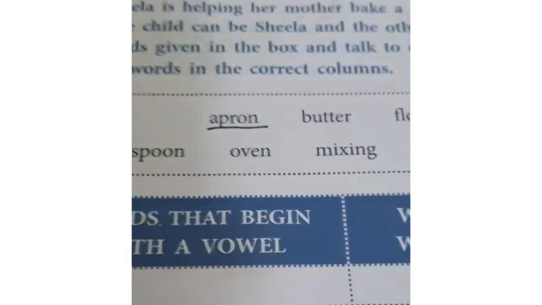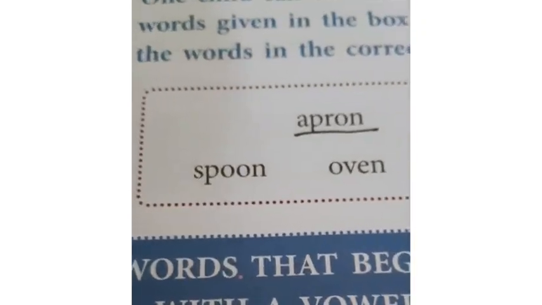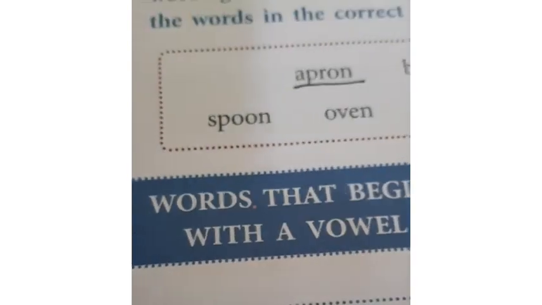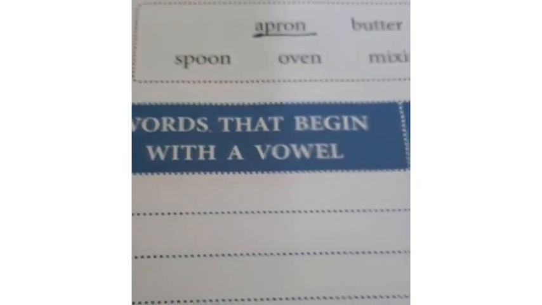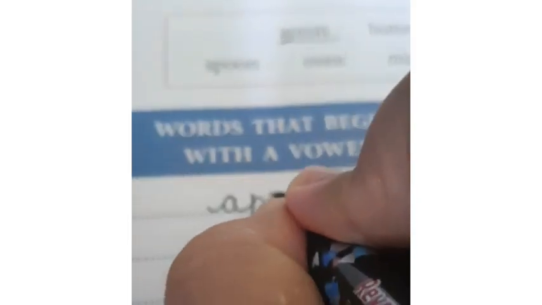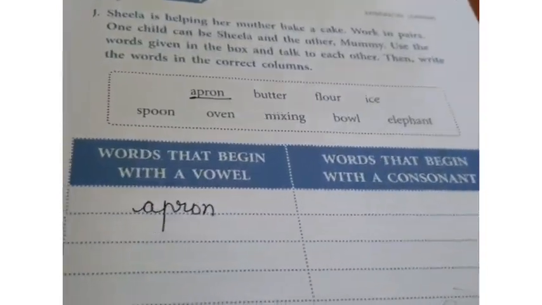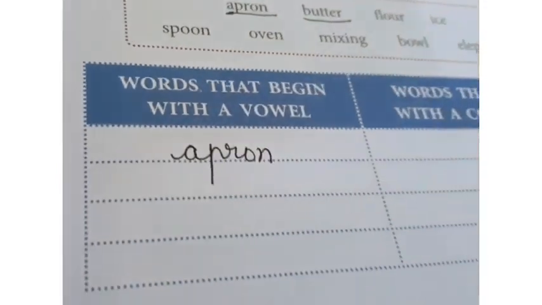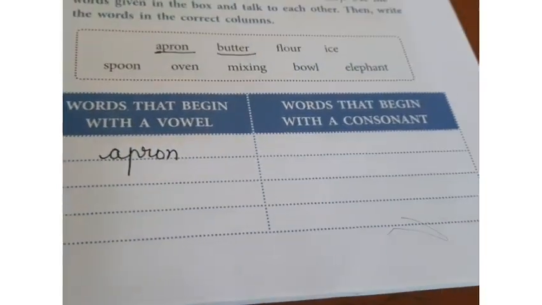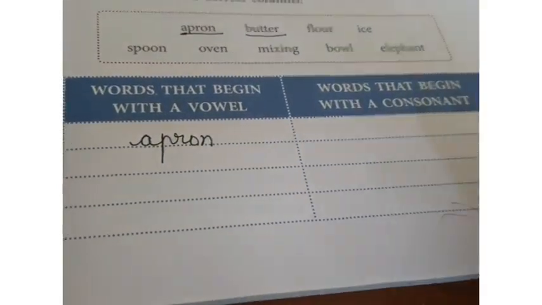So the first word we will read is apron. This is what? Apron. What is the first letter of apron? A, which is a vowel. So here you have to write apron, under vowel. Okay. Then comes butter, right? So butter is a consonant.